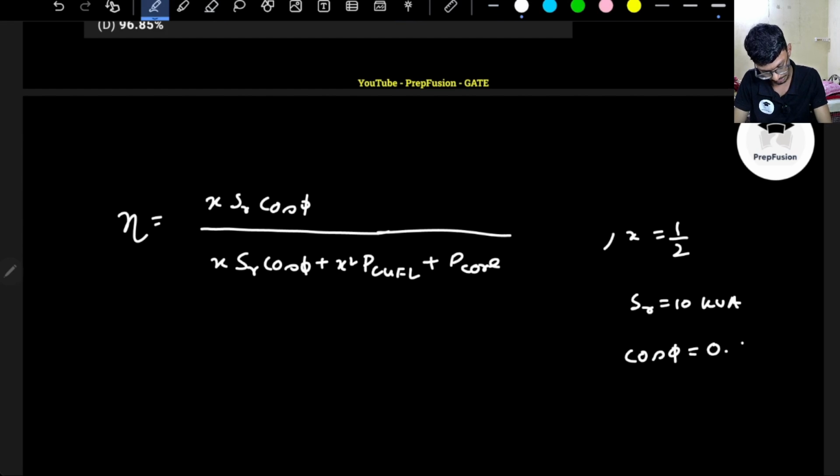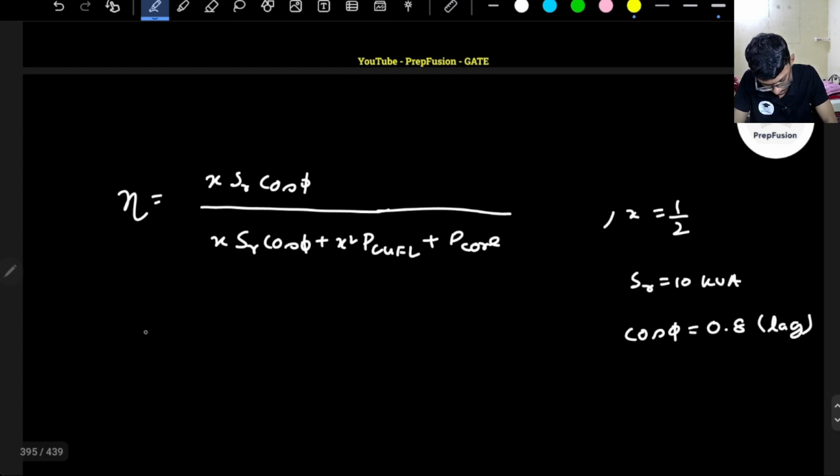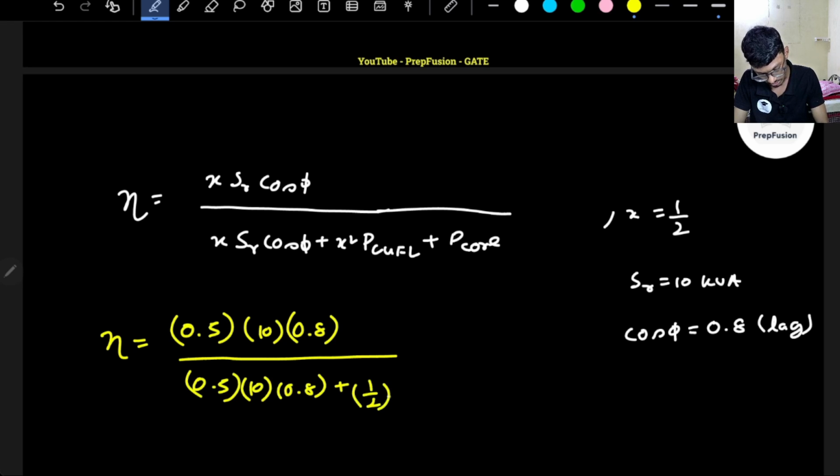So my efficiency of the transformer will be 0.5 into SR, that is 10 kVA, into cos phi, that is 0.8, divided by X into 10 into 0.8, plus X square, so half whole square, into PCUFL.